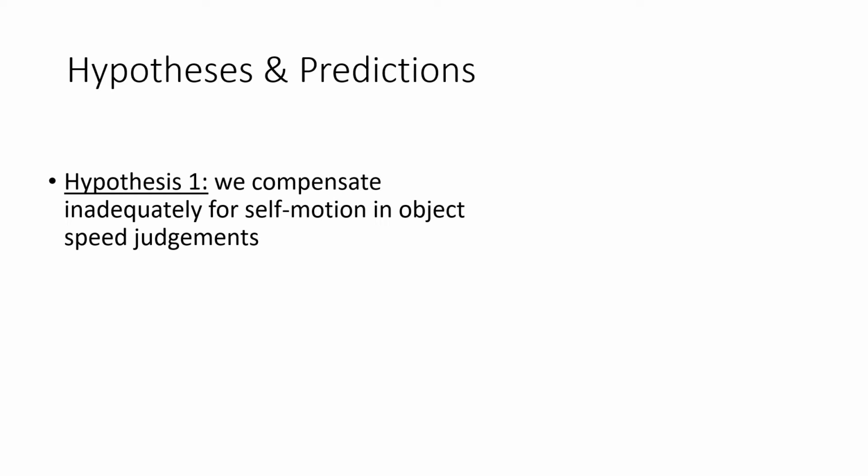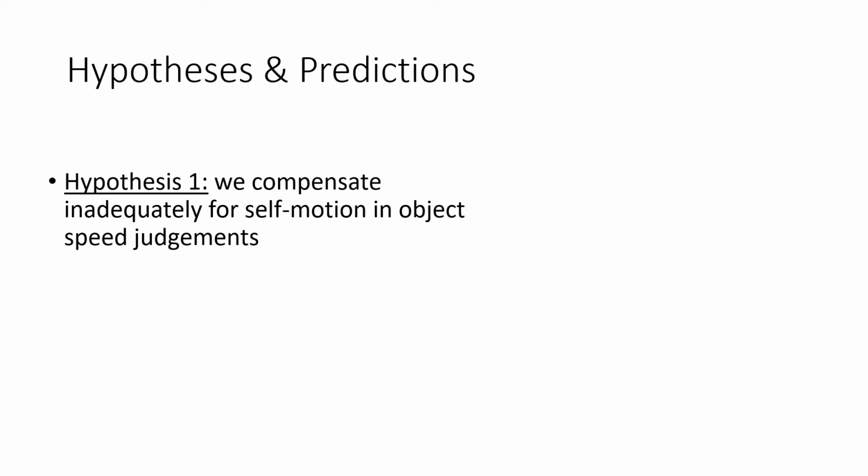So our first hypothesis was that we should compensate inadequately for self-motion in object speed judgments when self-motion is presented only visually. In this case, we would expect participants to underestimate self-motion. If they underestimate self-motion, then they would attribute part of the retinal motion elicited by self-motion to object motion.